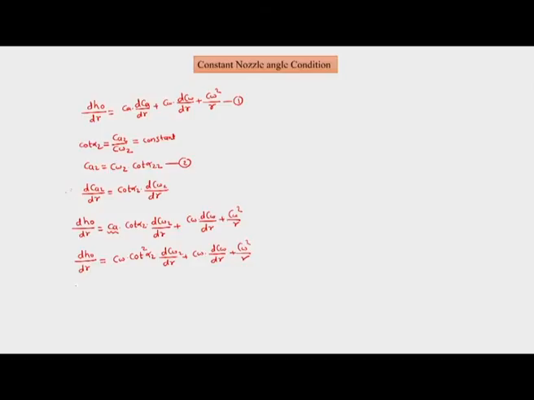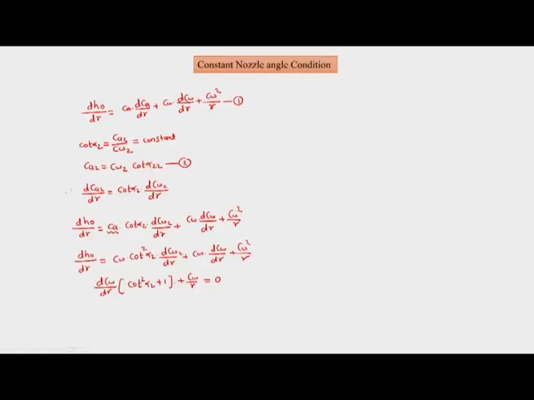We can consider left hand side to be 0 by the fact that H0 is not changing with respect to r. So we can divide the expression by Cw, then we can get dCw by dr into cot square alpha 2 plus 1 into Cw plus Cw upon r is equal to 0.